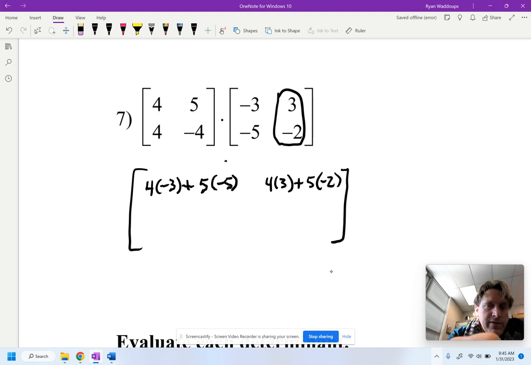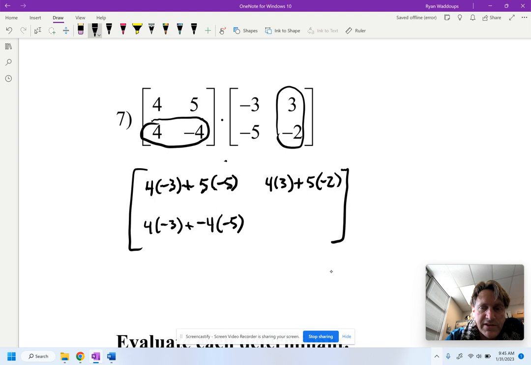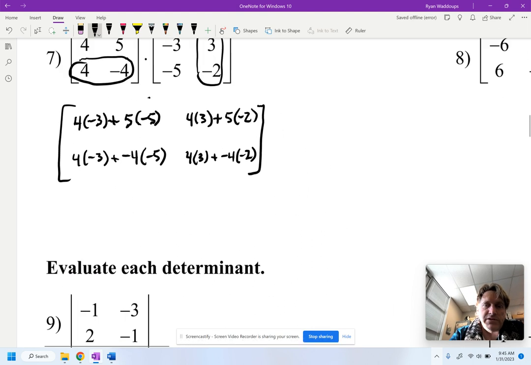And then for the second row, first column, we take 4 times negative 3, and we add that to negative 4 times negative 5. And then we take the second row times the second column for this spot down here. And that's 4 times 3 plus negative 4 times negative 2. And then we just evaluate those.